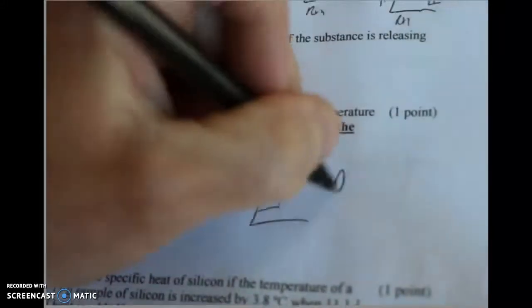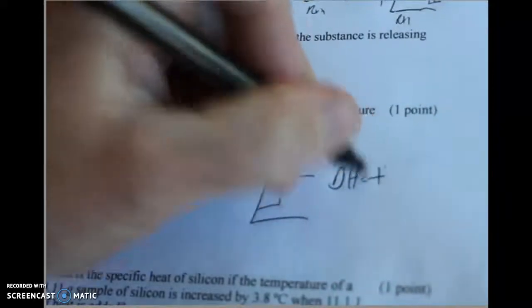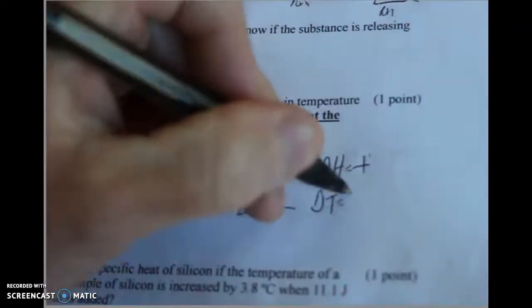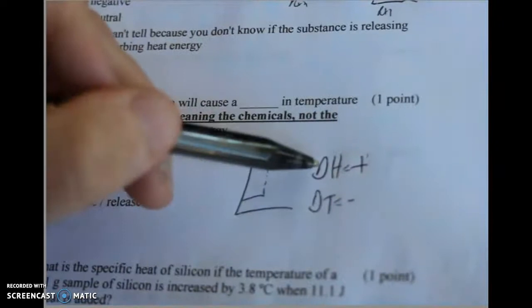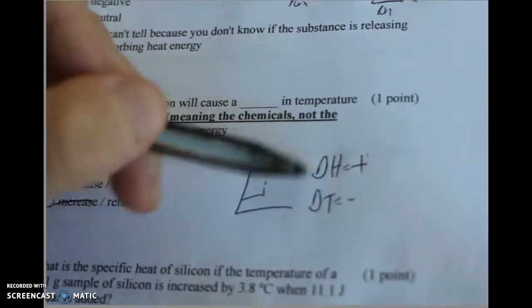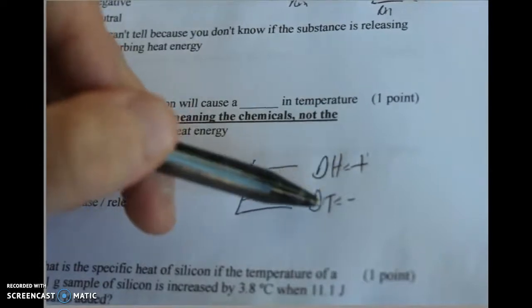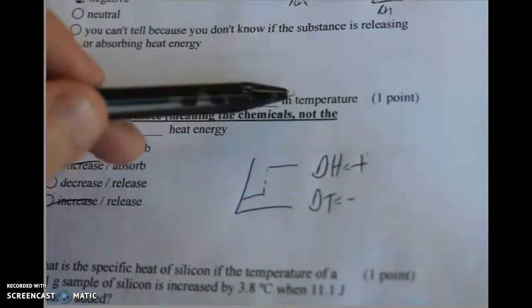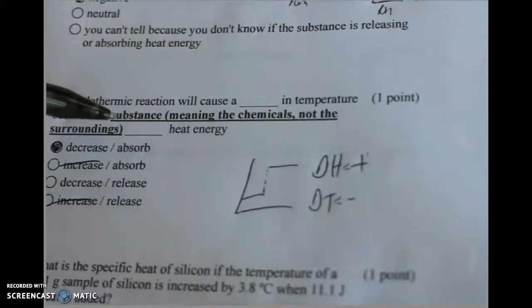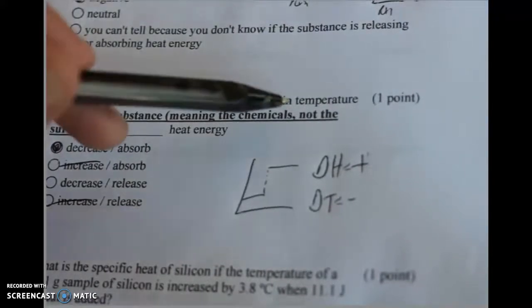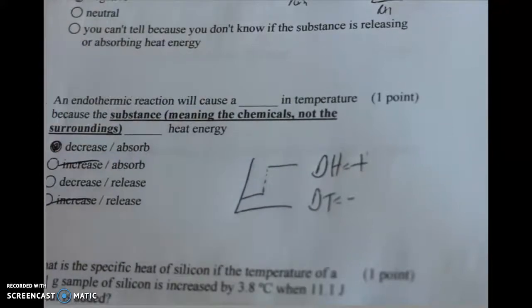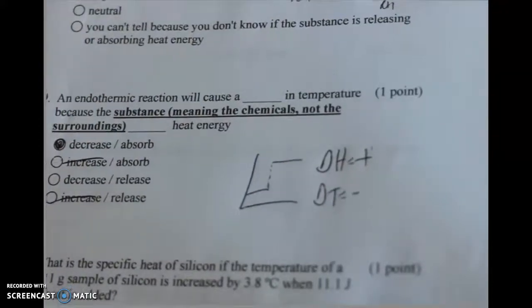So delta H for endothermic is positive, but delta T is negative. And remember, it's because delta H is from the chemical's point of view, and delta T is from the surroundings' point of view. So if one's going up, the other one's got to be going down. So pay attention to whether it's talking about the chemicals or the substances or the surroundings, and either temperature or enthalpy, right? Because they all end up being the opposite of each other, really.